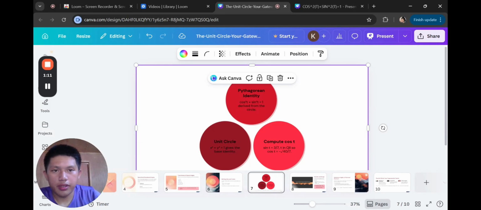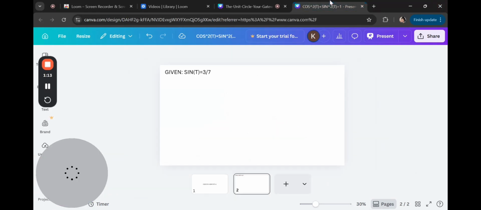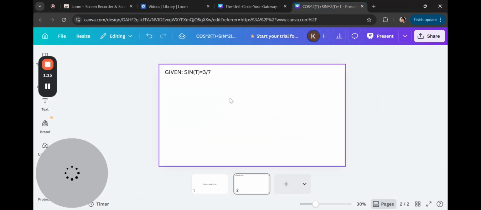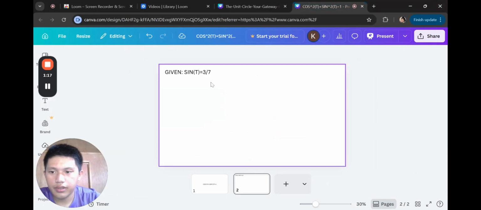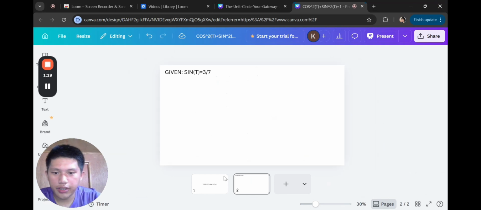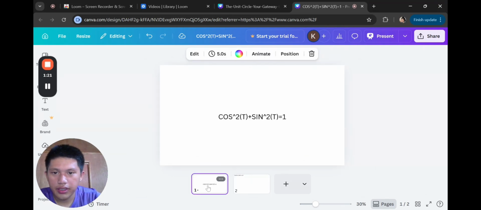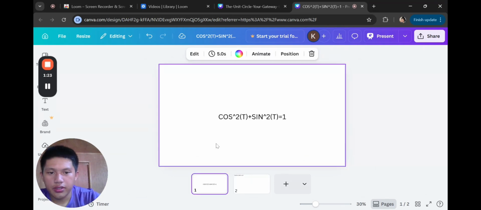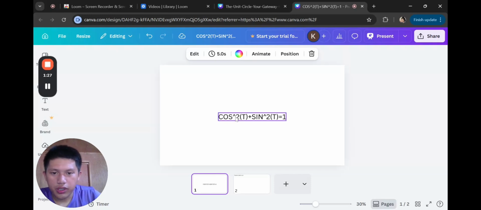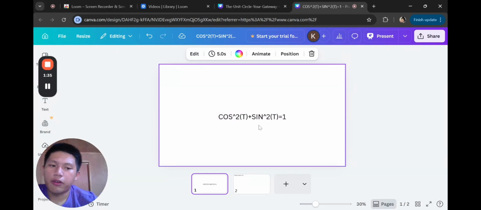So here's the formula that I prepared. This formula is cos squared t plus sin squared t equals 1. This formula is extremely powerful.